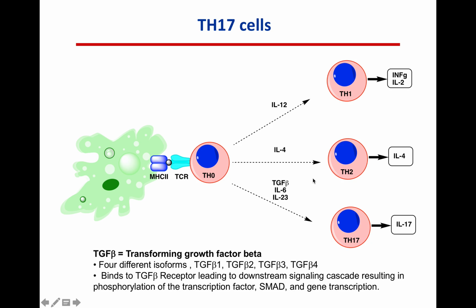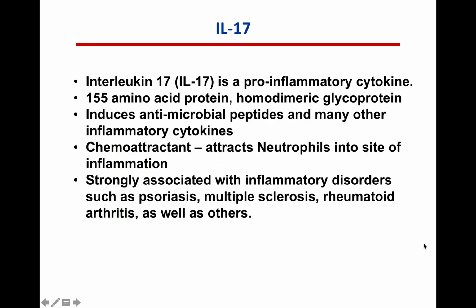It turned out that there was another cytokine. Let me just see, IL-17. This is interleukin 17. It was recognized that this is a pro-inflammatory cytokine. It's about a 155 amino acid protein, so a reasonable size glycoprotein, meaning it has glycosaccharides on it.